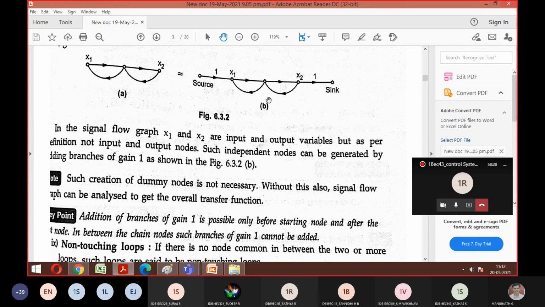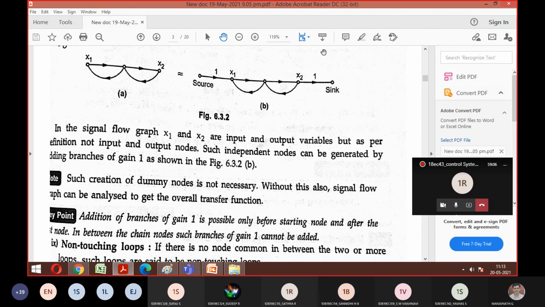In between, you can't add any dummy nodes. Only at the input level and output level, to show the flow, you can mention it. In between the chain nodes you can't add it. The sentence is clearly mentioned there. Is it okay till here?